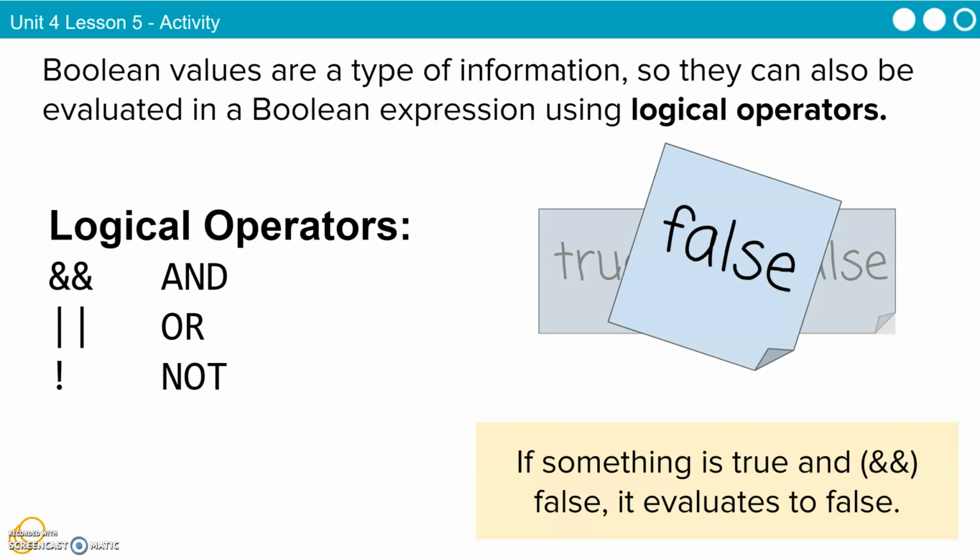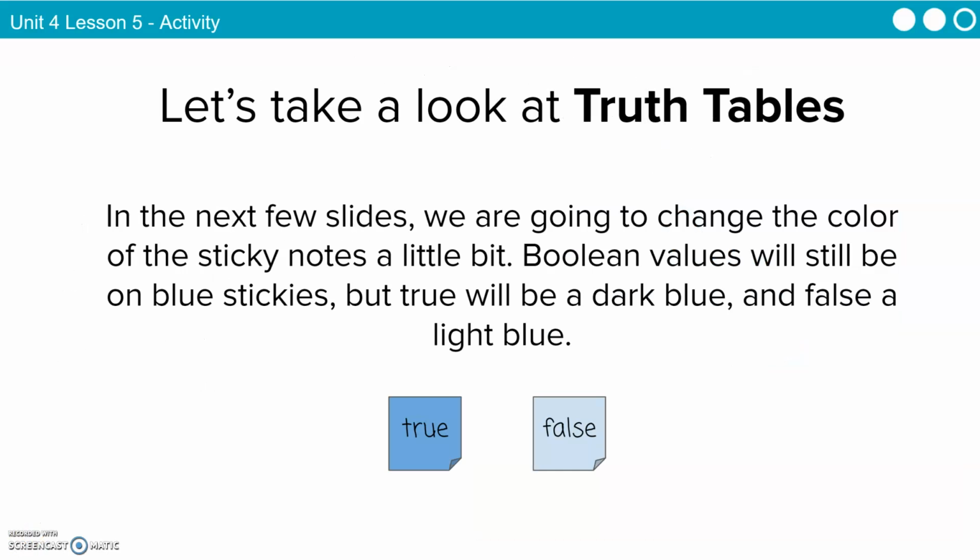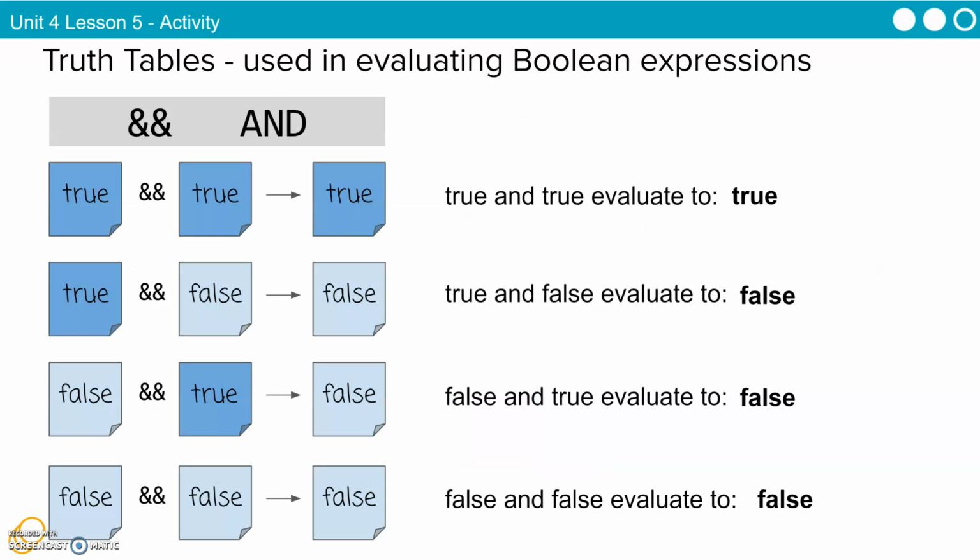So if something is true and false, it's going to evaluate to false. Let's take a look. We're going to add in another sticky note. We're going to make true's dark blue and false's light blue to make it easier to see what we're talking about. And we're going to do these truth tables. You might have done these in geometry, but if not, don't worry. They're pretty simple.